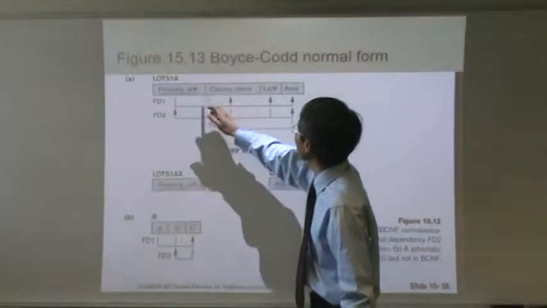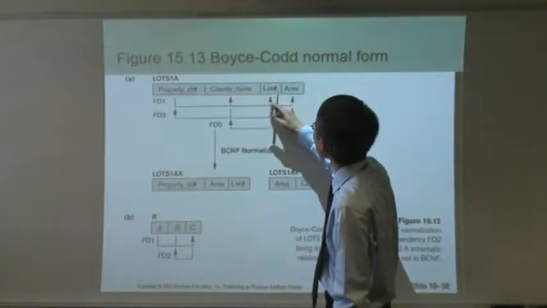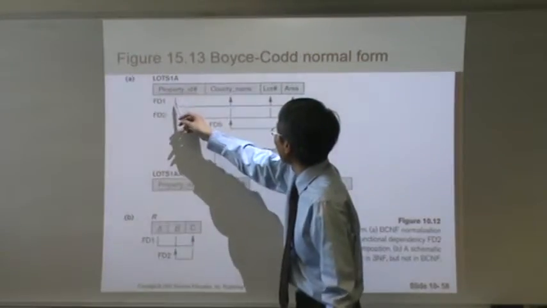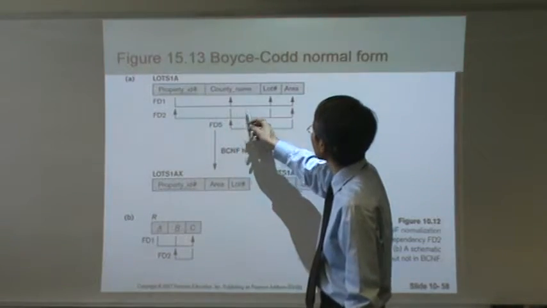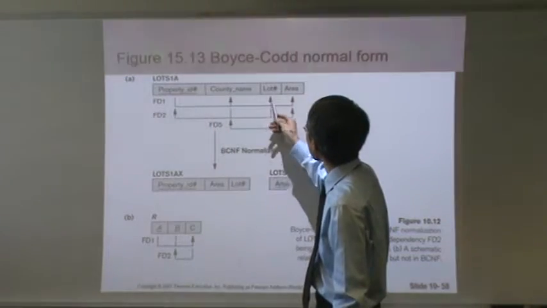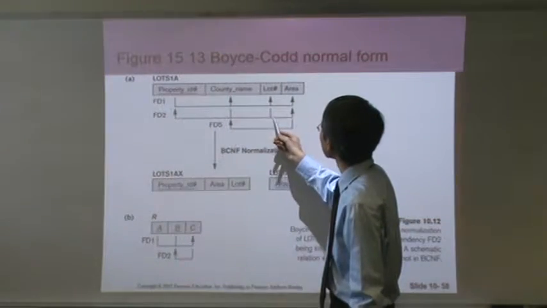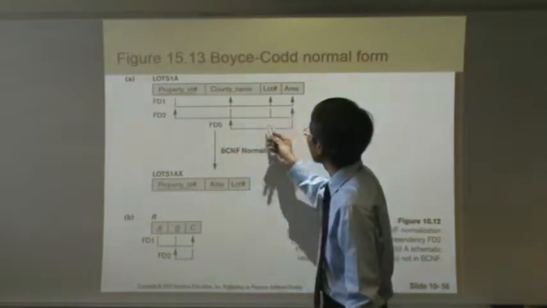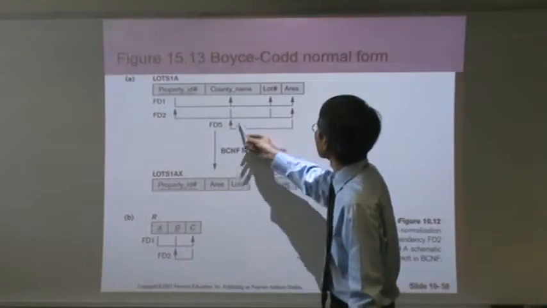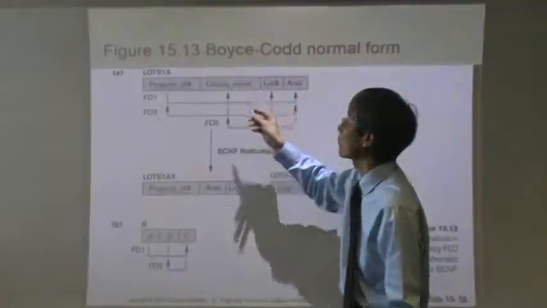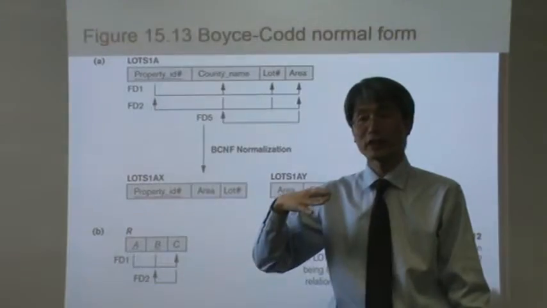What about this? Property ID, country name, lot number, and area. We can find the property ID determines country name, lot number, area. Country name plus lot number determines the area and property ID. And area determines this. Country name plus lot number is another candidate key here.